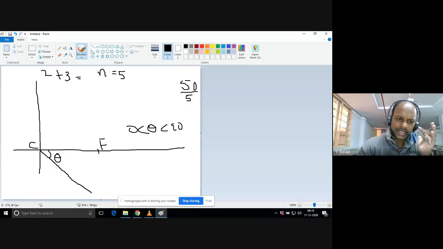Remember, this is an important thing you need to learn. This is useful for dividing any line into a number of equal parts. Now our line is CF, and we are dividing the CF line into an equal number of parts.